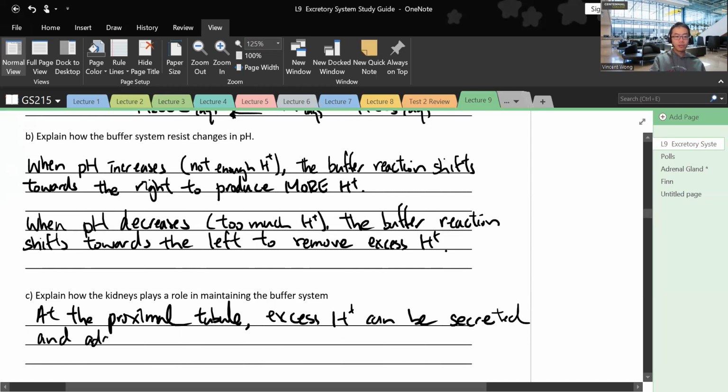And additional HCO3 can be absorbed, right?